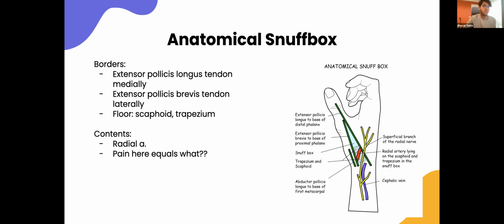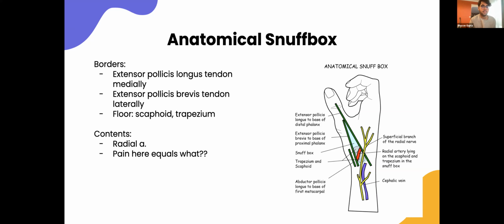The anatomical snuffbox, again, it's just between our two tendons for the pollicis, the extensor pollicis longus and extensor pollicis brevis, with the scaphoid and the trapezium as the base. Why is it important? Well, what does pain in our snuffbox indicate to us?